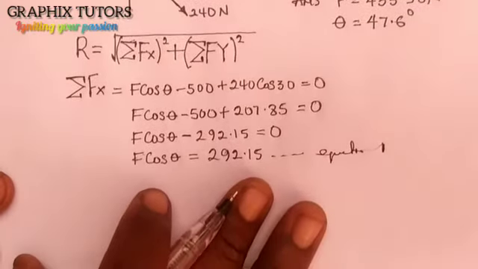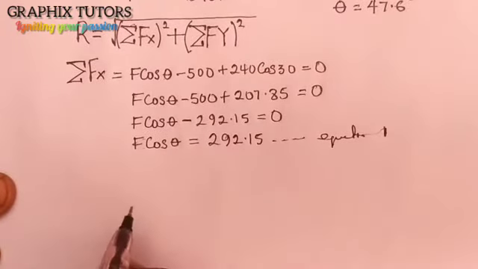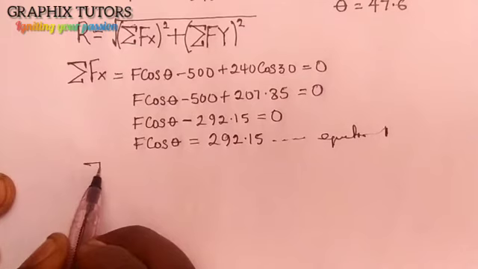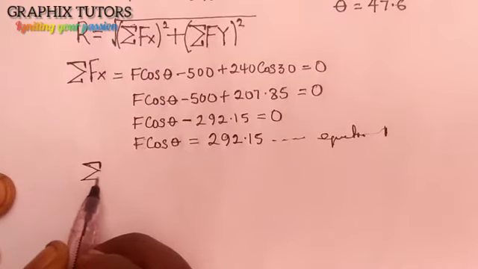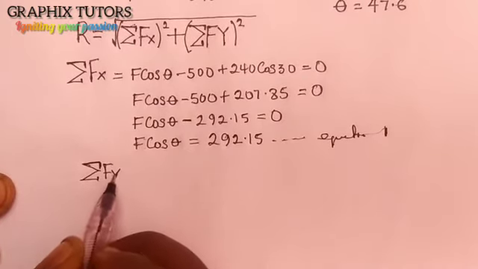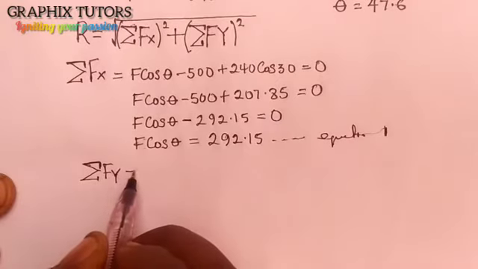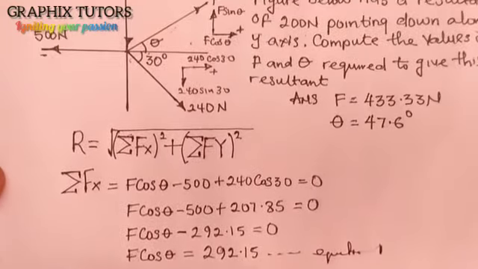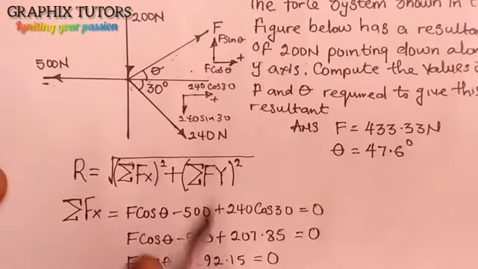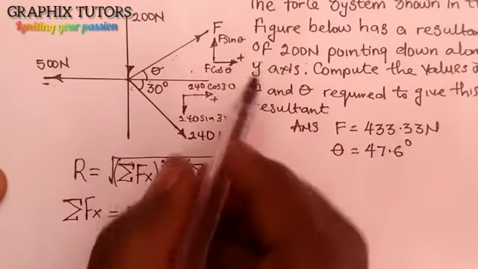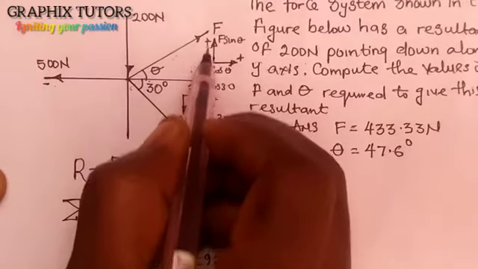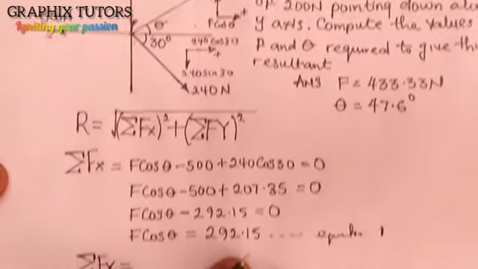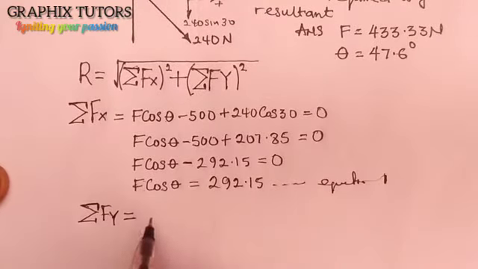Now we are going for the summation of f of y, the forces acting along the y-axis. At this point we have f sine theta acting along y, positive as a vertical force.